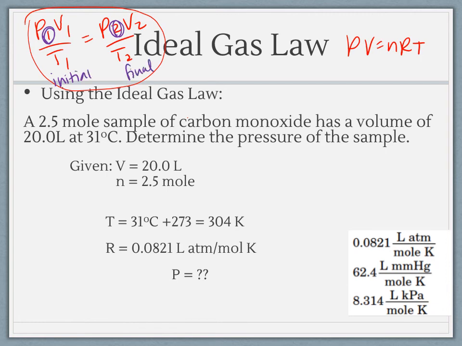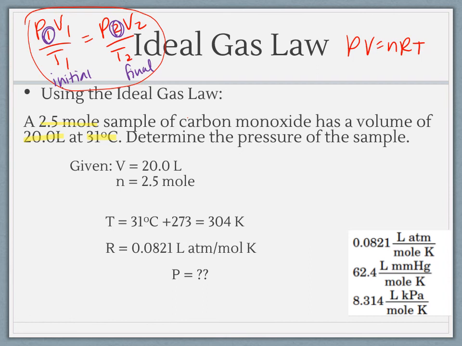Notice for PV equals nRT, there are no 1s or 2s, so there are no changing conditions. So you will only be given one number for each variable, not two. So we look here, we have a 2.5 mole sample of carbon monoxide. Its volume is 20.3 liters, and this is at 31 degrees Celsius.